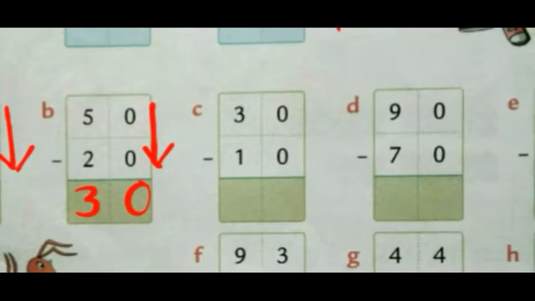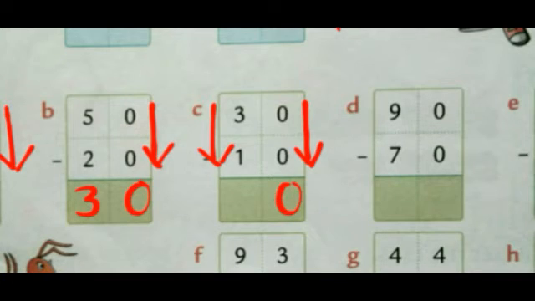See the next one. First we have to subtract ones and then we will subtract the tens. Okay, so what is 0 minus 0? The answer will be 0 only. Step number 2, subtract the tens. 3 minus 1. What will be the answer? 2.